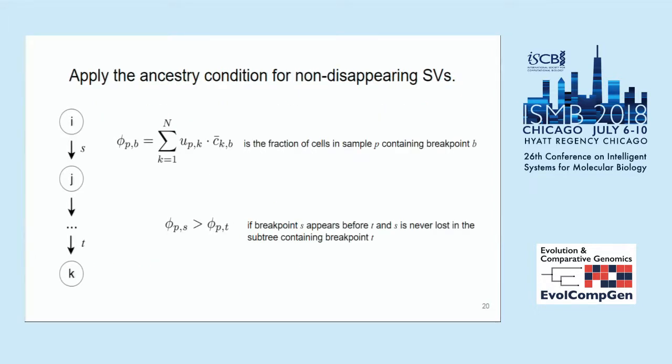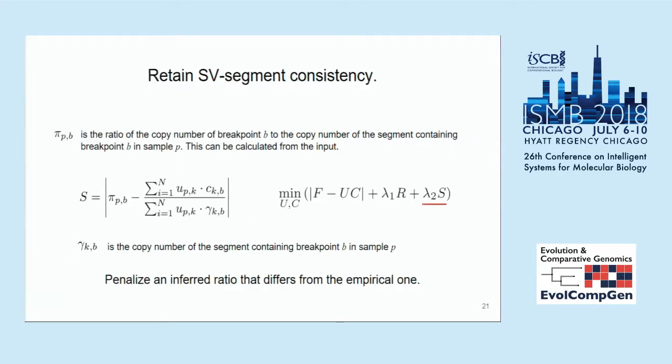So now, to relate the structural variants to one another, we apply an ancestry condition, saying that if some structural variant S appears before some structural variant T, and S is never subsequently lost, then the fraction of clones containing S should be larger than those containing T. We apply one last condition that attempts to keep each structural variant copy number consistent with the copy number of the segment it belongs to.